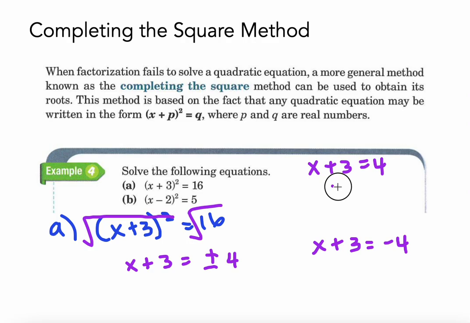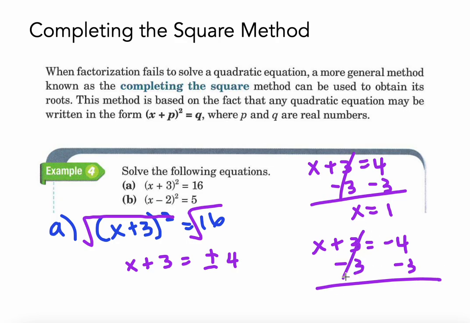So I have two possible answers. Subtract 3 on both sides to get x by itself: x equals 1. Subtract 3 on both sides for this equation: x equals negative 7. Both are possible answers. The answer could be 1 or negative 7.